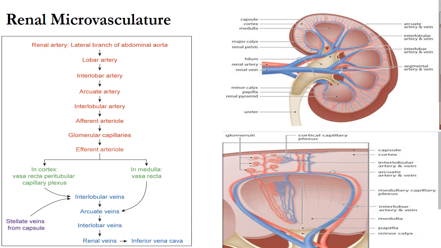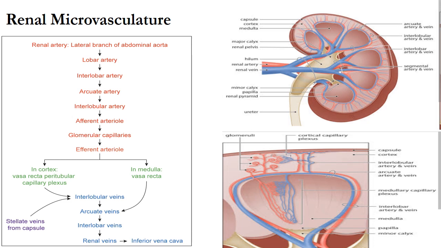Here we will see the blood supply of the kidney or renal blood vessels. At the hilum of the kidney, each renal artery divides into lobar arteries, one for each pyramid. Then the lobar arteries divide into two or more interlobar arteries that enter the tissue of the renal column and then run towards the surface of the kidney.